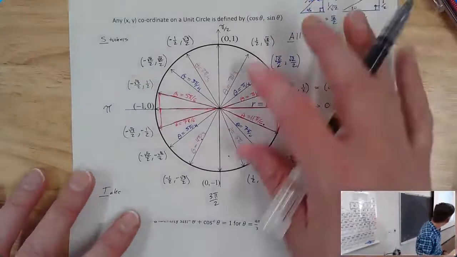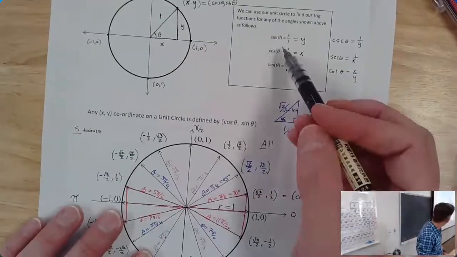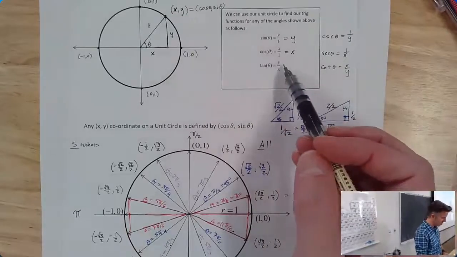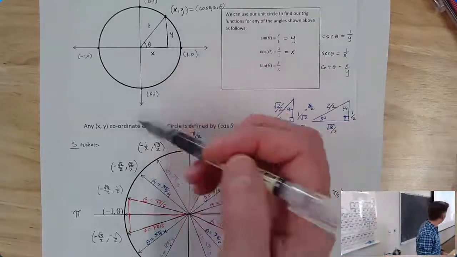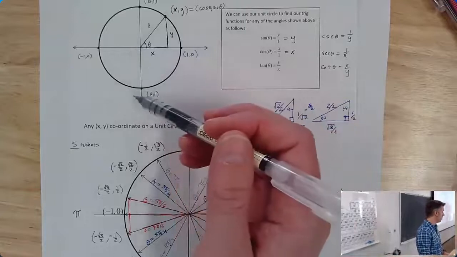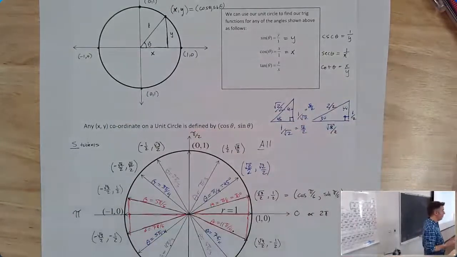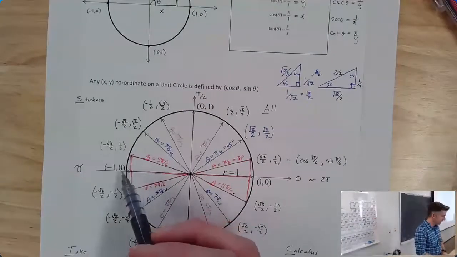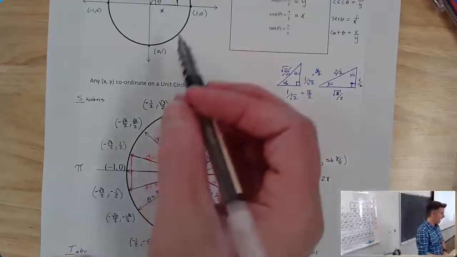So this definition that sine of theta is always the y coordinate and cosine of theta is always the x coordinate, tangent of theta is always y over x, is true for any angle on the unit circle, regardless if it's one we're familiar with or one that's kind of new to us. Even if it's one of what we call quadrantal angles, where we end up on one of the x or y axes.